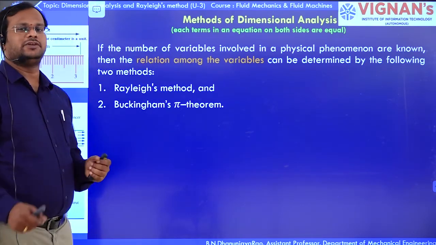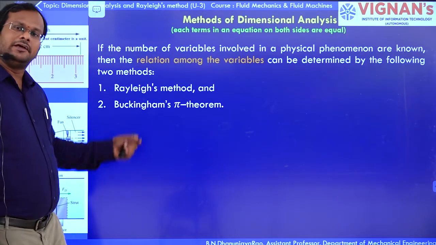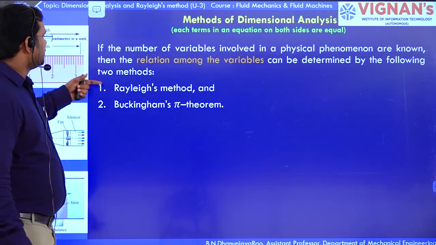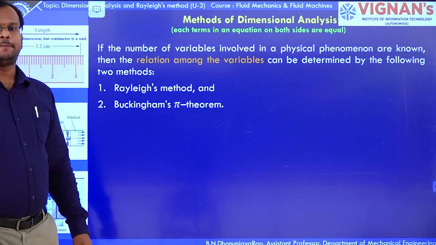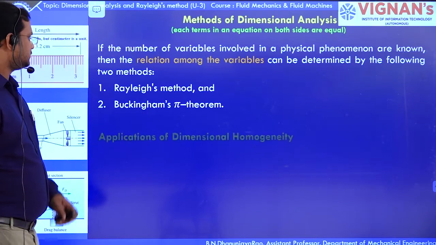The relation between the variables can be determined by two methods: Rayleigh's method and Buckingham's pi theorem.